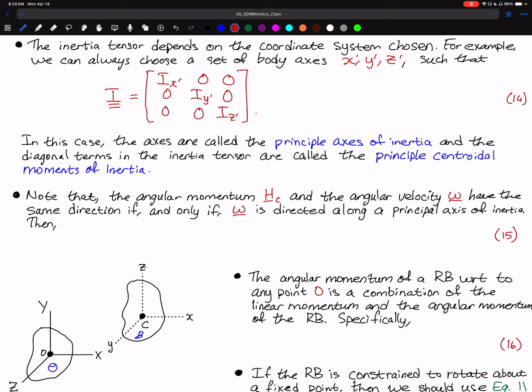So the angular momentum and the angular velocity are only going to be in the same direction if the angular velocity is directed along one of these principal axes of inertia.